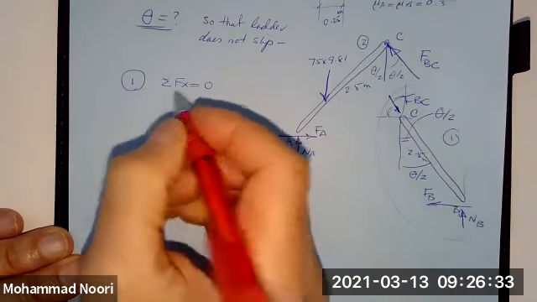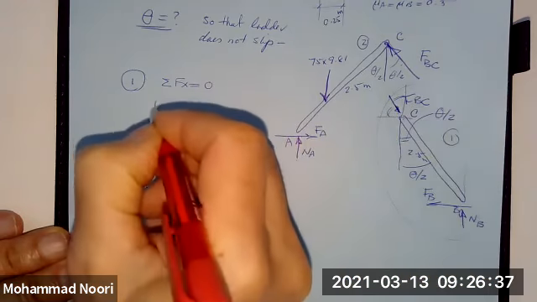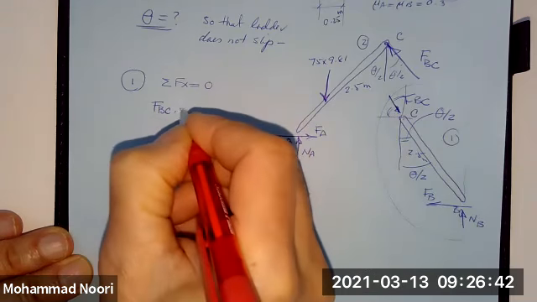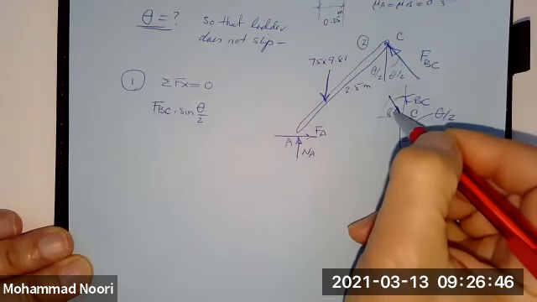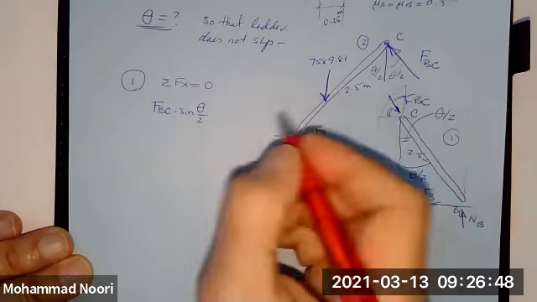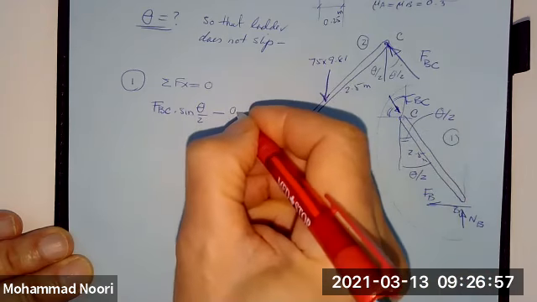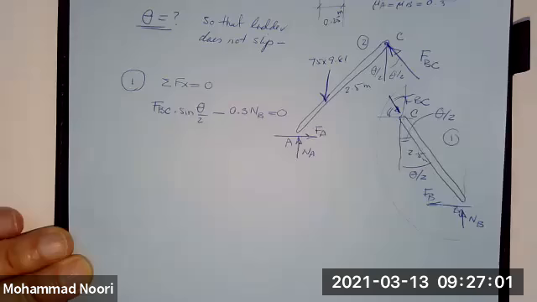So summation of that would be a projection of this along the x-axis, that is FBC times sine of theta over 2, because the cosine of this angle is sine of that angle, minus F of B, and F of B, given that this is in equilibrium, would be 0.3 N B, equal to 0.